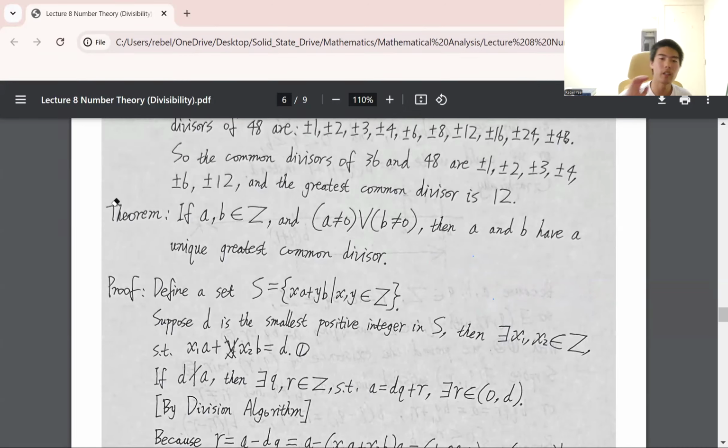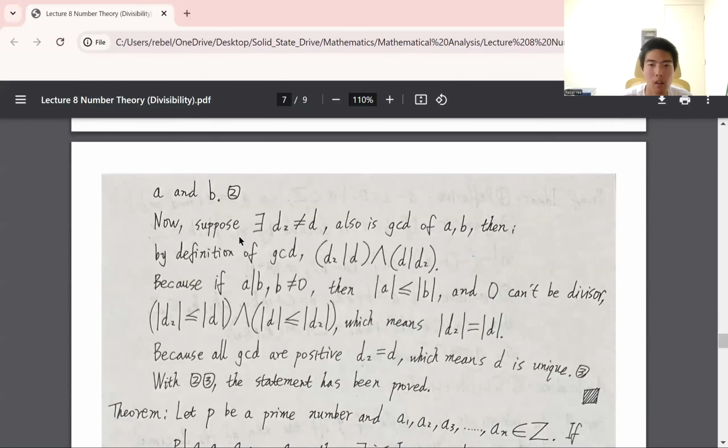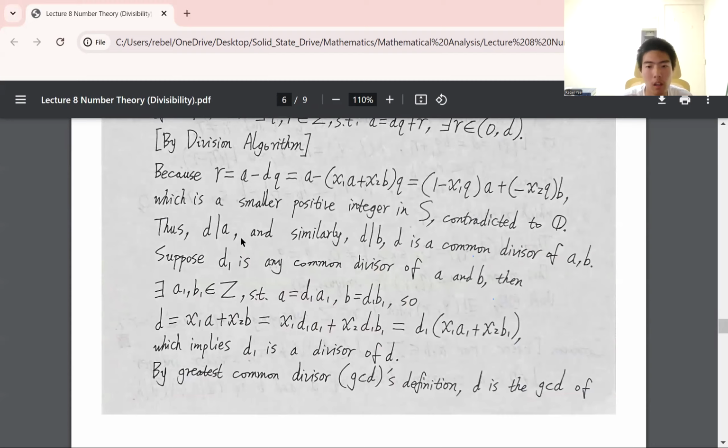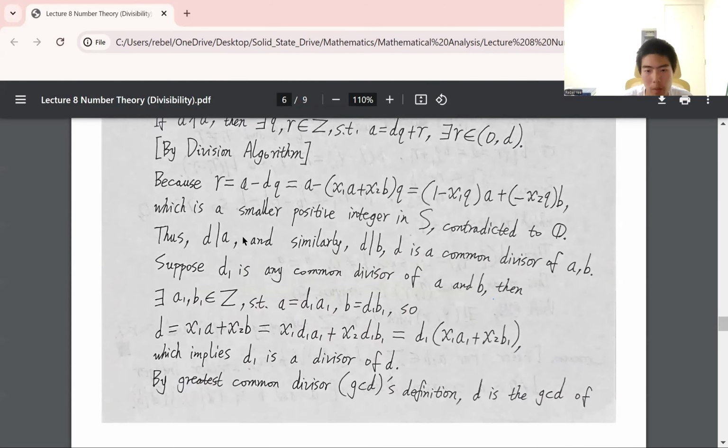Okay, so why does it have only a unique greatest common divisor? Here we have to prove two things. First is the existence, and then the uniqueness. The proof is very long. First we want to make an abbreviation of greatest common divisor.